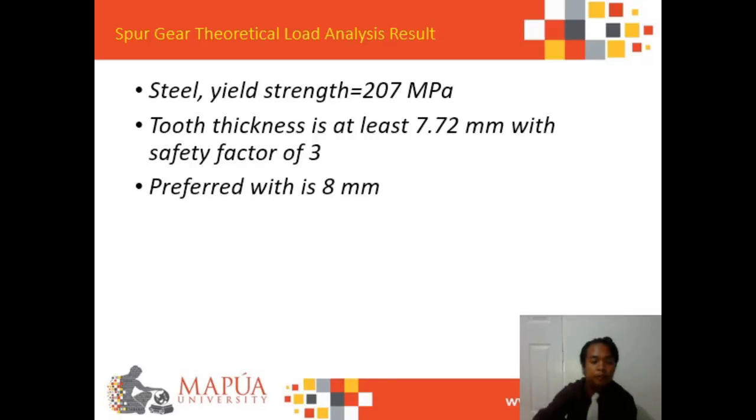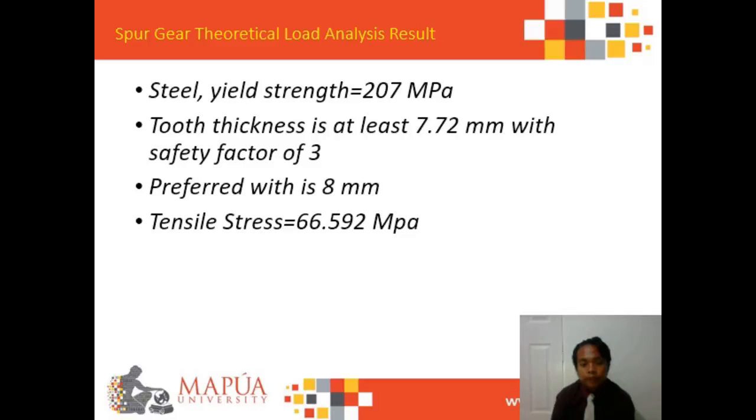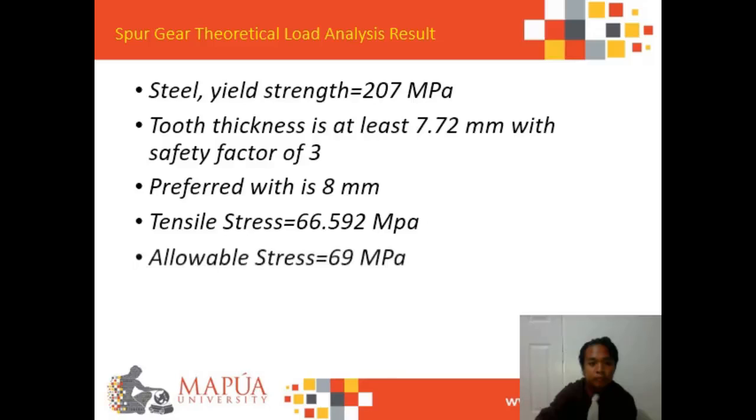So we used a preferred width of 8 millimeters. The tensile strength we computed was 66.592 megapascals. The allowable stress was 69 megapascals. So by theoretical load analysis, the gear tooth was safe.